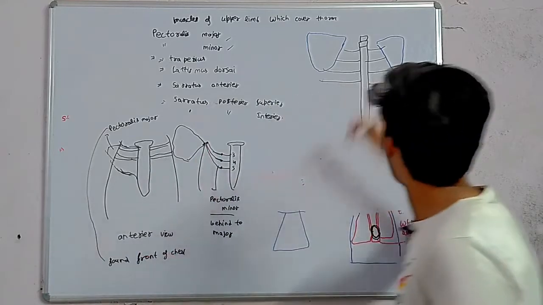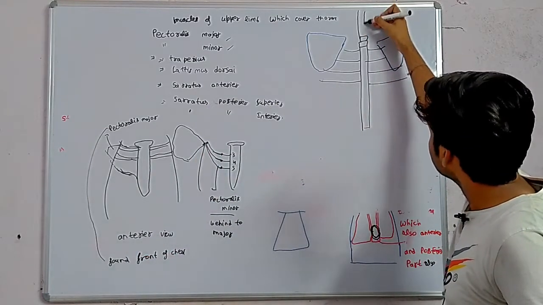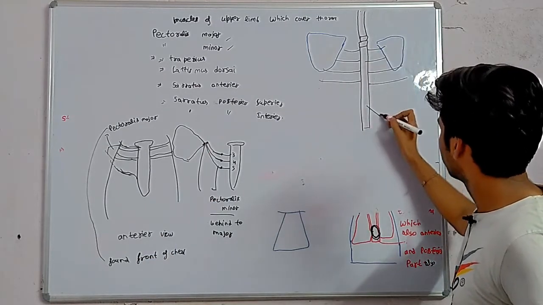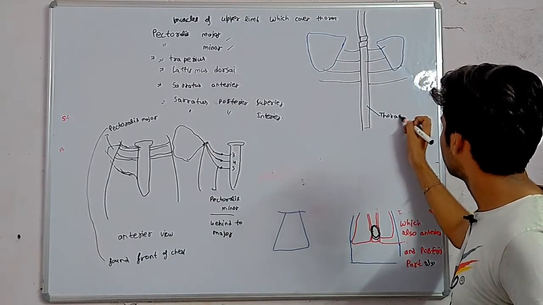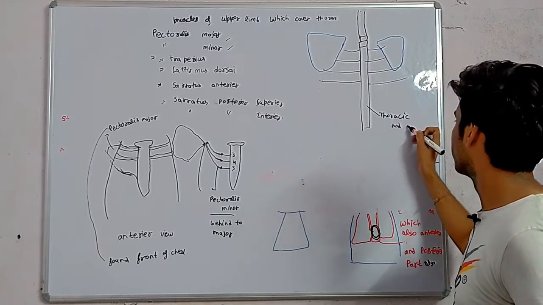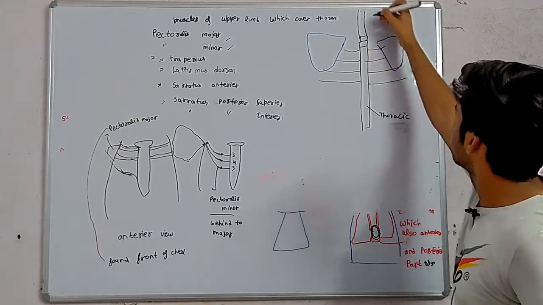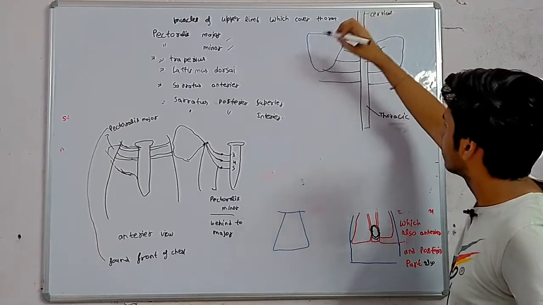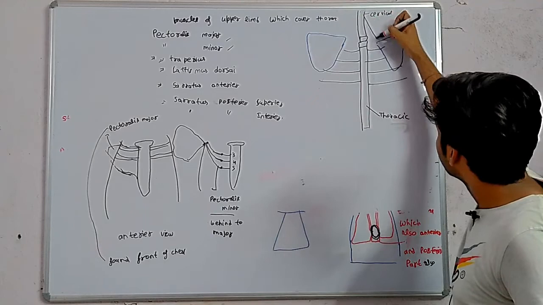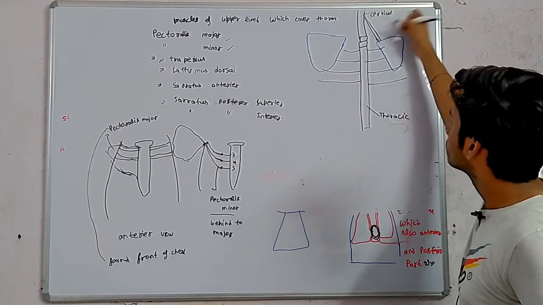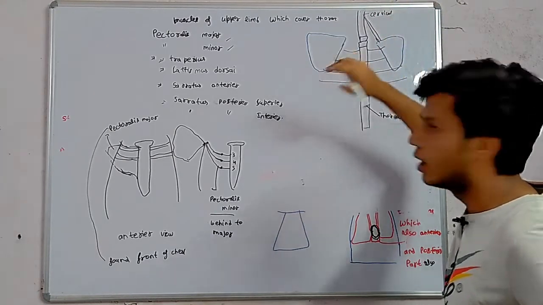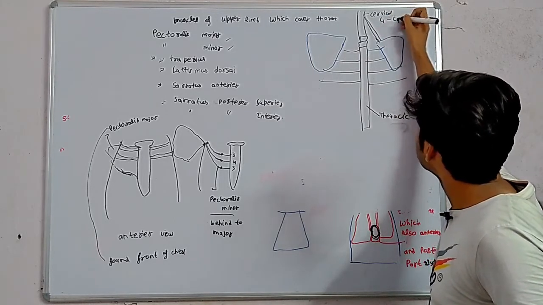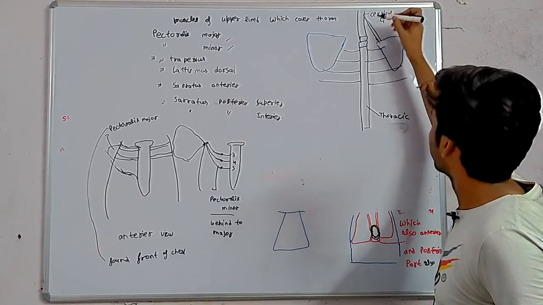Let's say this is cervical vertebra, thoracic vertebra. So the 3 muscles are, first, levator scapulae. Its attachments are C1 to C4, C5.